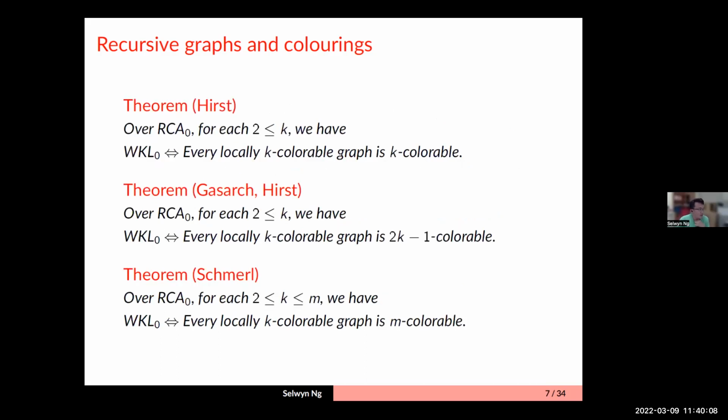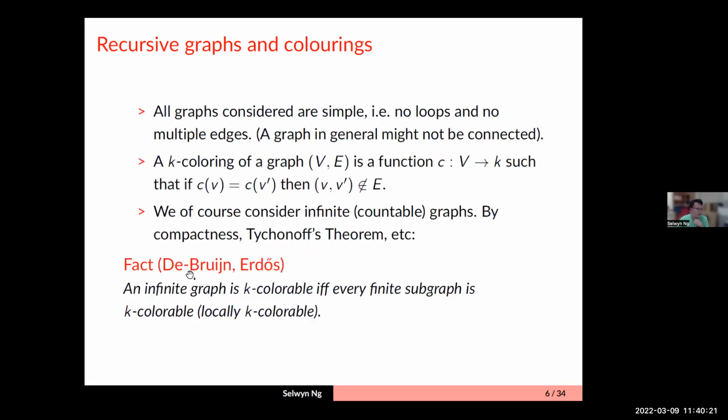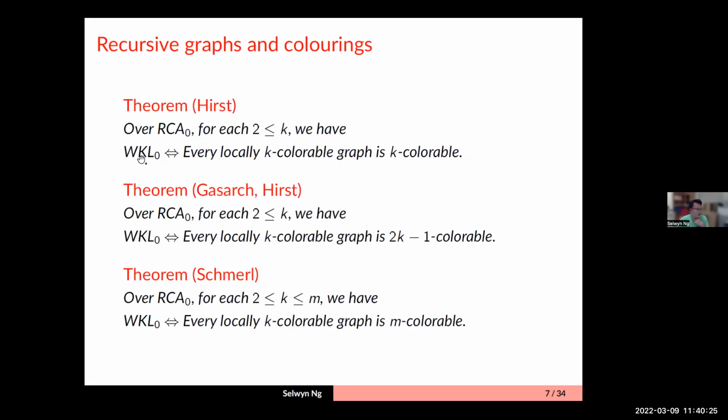This was first investigated by Jeff Hirst in his thesis in the context of reverse mathematics. First of all, he showed that WKL0 is equivalent to the statement that every locally k-colorable graph is k-colorable.